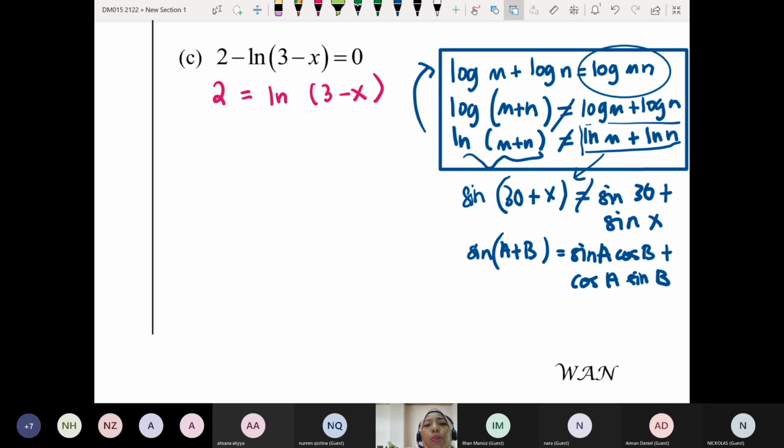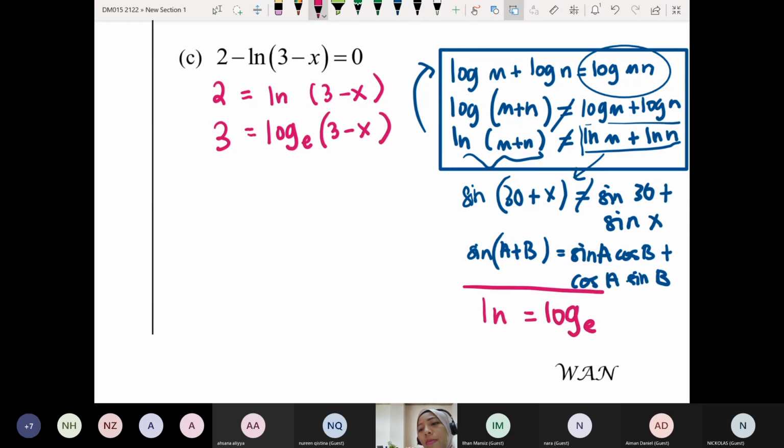So apa yang you boleh buat adalah log ini you tukar kepada index. In order to do that, you kena tahulah log ini base-nya apa. Dia adalah base E. Okay, semua orang tahu at this stage log adalah log base E. Betul? Kalau log sahaja yang ditulis, dia adalah sebenarnya log base 10. Semua tahu itu? Okay.